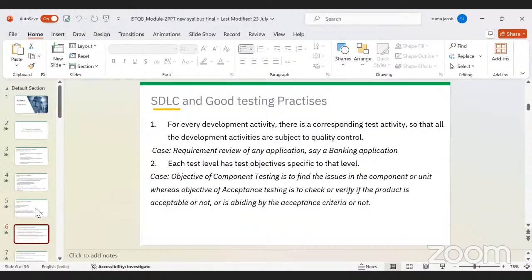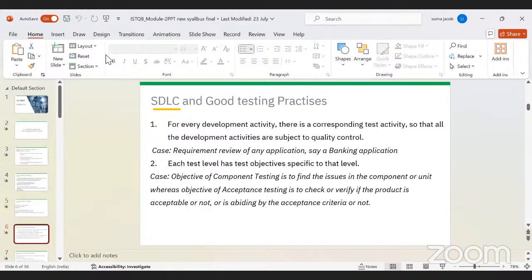Before we start SDLC and good testing practices, let me ask you one question. Is it possible we can do dynamic testing early in the sequential development model? If you got the concept of the sequential development model, you would be able to answer it.